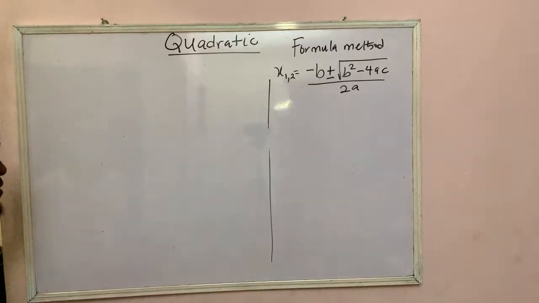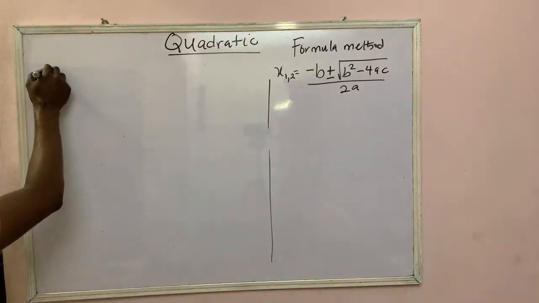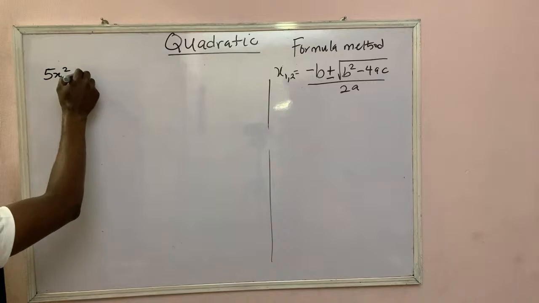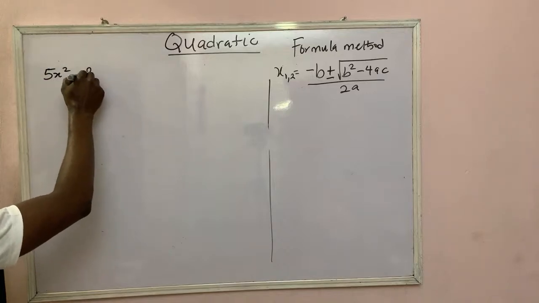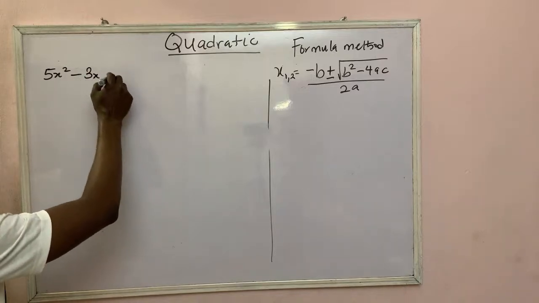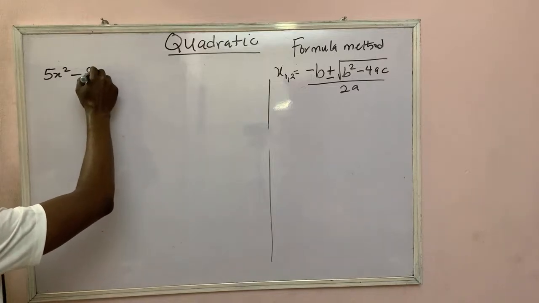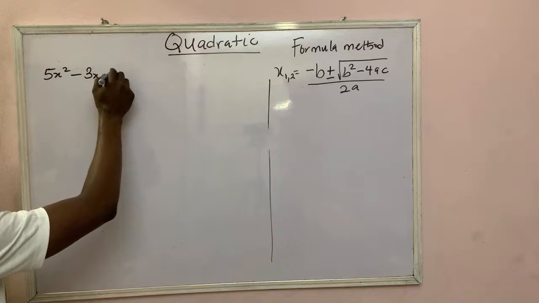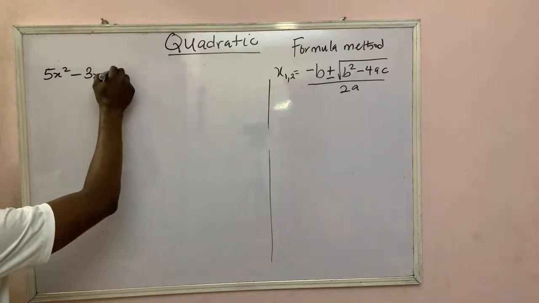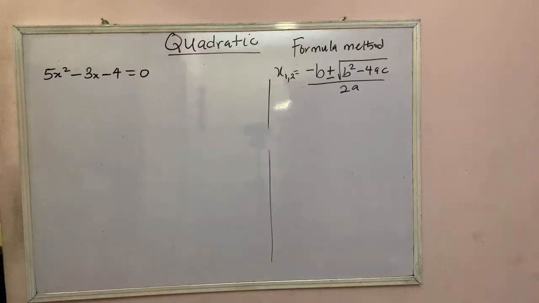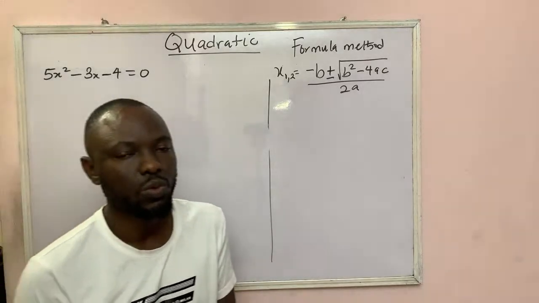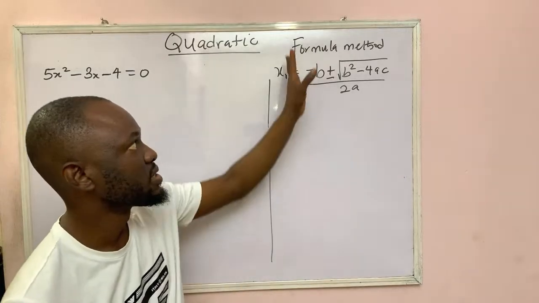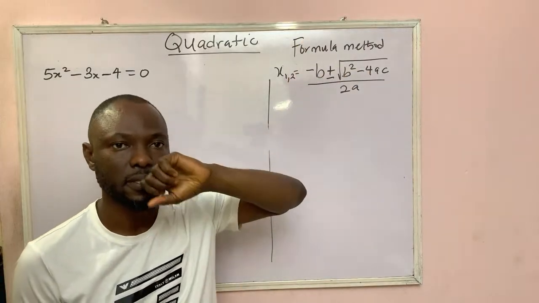So let me clean this and let's solve by the quadratic method. Let's assume we have 5x squared minus 3x minus 4 equals 0. Now, I will tell you why we are using the formula method.